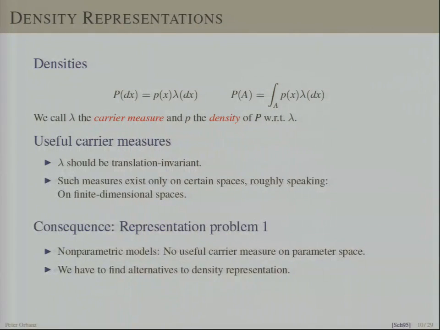What is a density? What does a density mean? A density is a representation of some probability measure, or measure in general, but let's say it's of some probability measure with respect to another measure. Yeah? And what does this formula mean? So imagine that this here, say, is a Gaussian distribution on the line. Yeah?